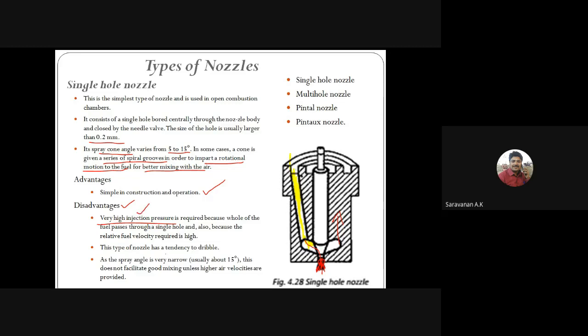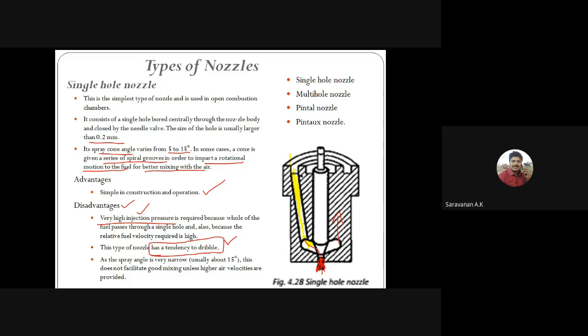Then there is a tendency for dripping. We cannot avoid the dripping, and dripping affects the fuel economy and the performance of the engine.